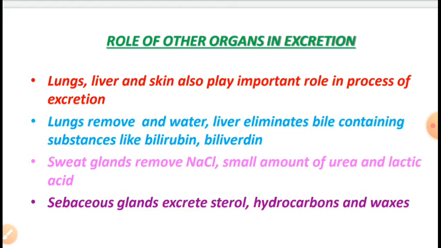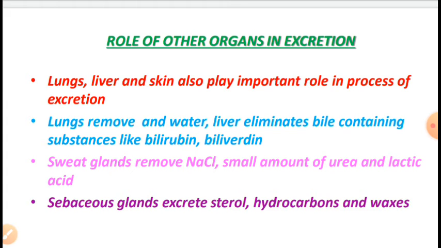Sweat glands and sebaceous glands in the skin can eliminate certain substances through their secretion. Sweat produced by the sweat gland is a watery fluid containing NaCl, a small amount of urea, lactic acid and some other substances.